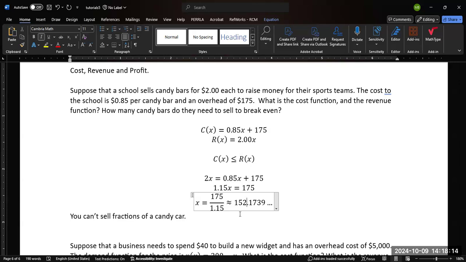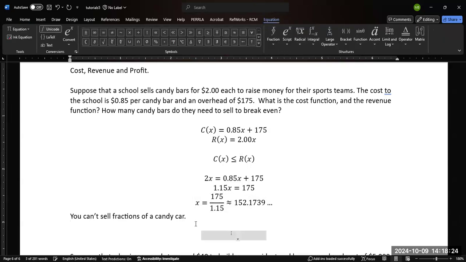If I put in 152, I'm going to get 0.85 times 152 plus 175. That's going to give me 304.20. And what about my revenue at 152?